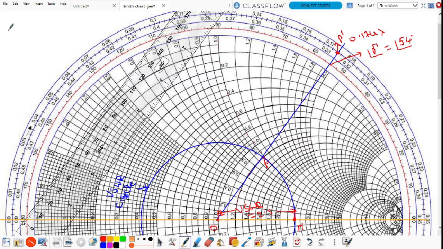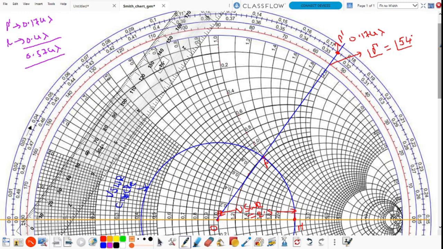the load point P dash value from this Smith chart is 0.174 lambda. Adding this value to the length of the transmission line, which is 0.4 lambda, we get 0.574 lambda.